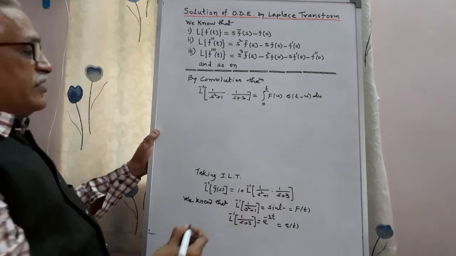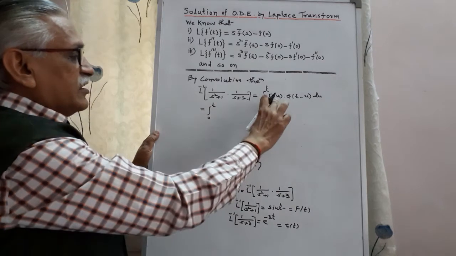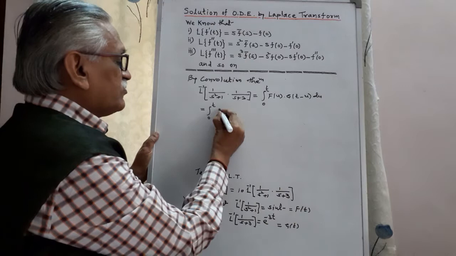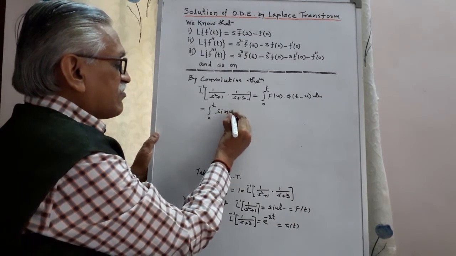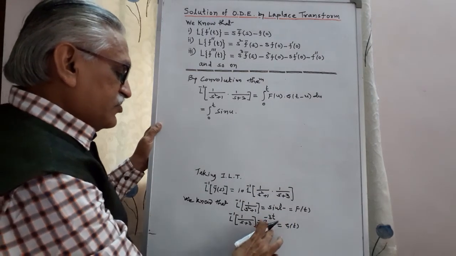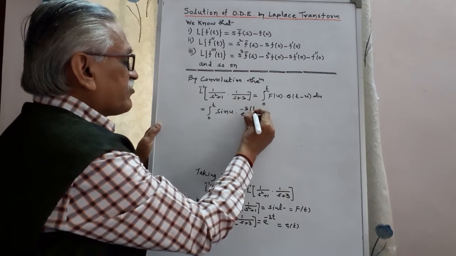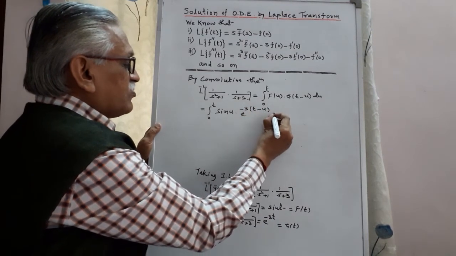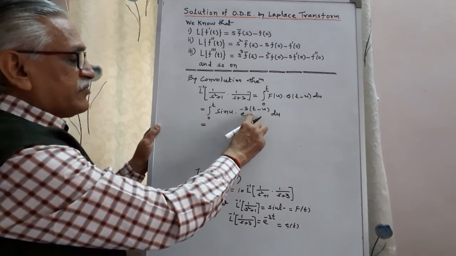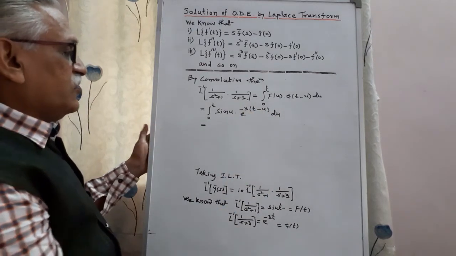du, and therefore it is equal to integral from 0 to t, replacing t by u in f of t, we get sin u, g of t minus u, replacing t by t minus u here, it is e raised to minus 3 times t minus u, du. Splitting this, we get e raised to minus 3t into e raised to 3u.